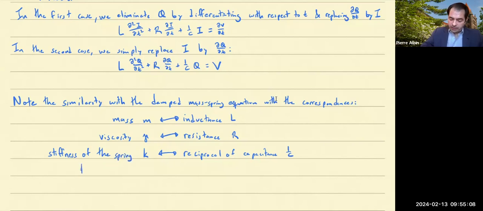And whereas before we had displacement, X, now we have charge, Q, on the capacitor.